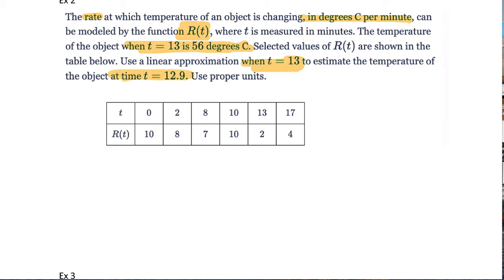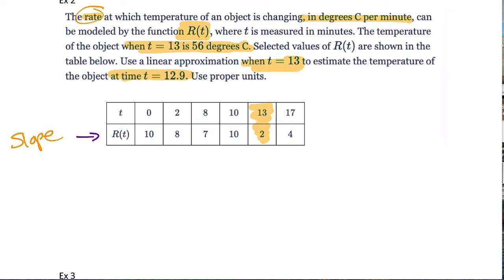So we're kind of centered around this. Okay. Well, so let's think about what this is. That R of T is really that idea of slope, because that's what R of T is.